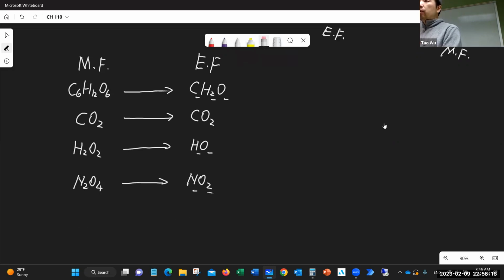All right, so now you know the difference between molecular formula and empirical formula. We can base on the mass percent of the compound to figure out the empirical formula, not the molecular formula.